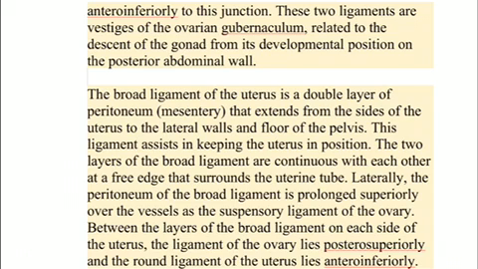The two layers of the broad ligament are continuous with each other at the free edge that surrounds the uterine tube. Laterally, the peritoneum of the broad ligament is prolonged superiorly over the blood vessels as a suspensory ligament of the ovary. Between the layers of the broad ligament on each side of the uterus, the ligament of the ovary lies posterior superiorly, and the round ligament of the uterus lies anterior inferiorly.